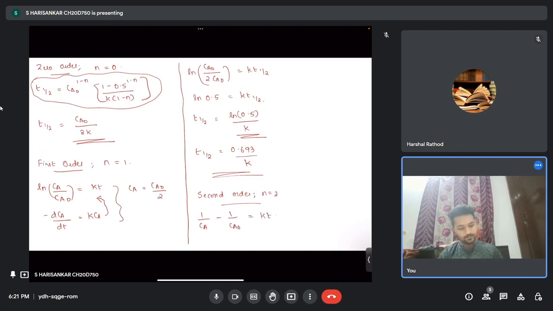And at T half, this will become 1 by (Ca0 by 2) minus 1 by Ca0 is equal to k T half, right? All we have to do is just rearrange this, and finally we'll get T half is equal to 1 by k Ca0.